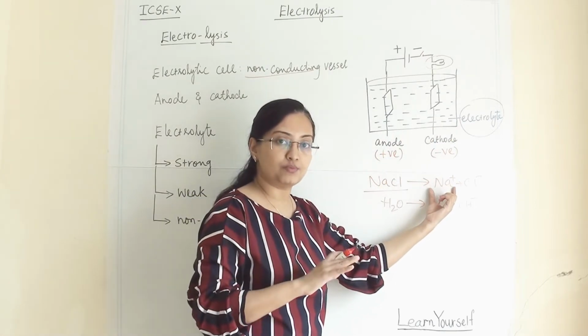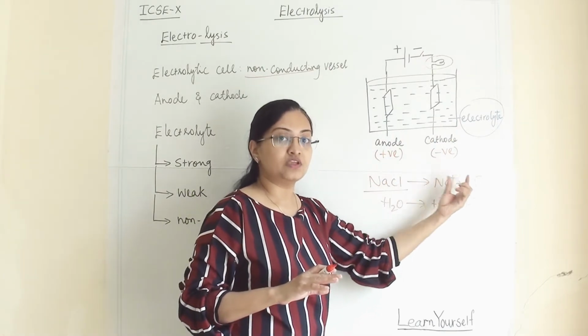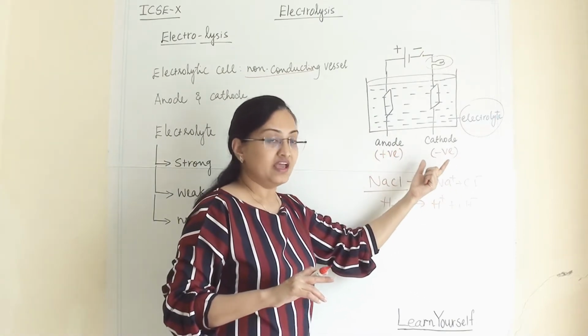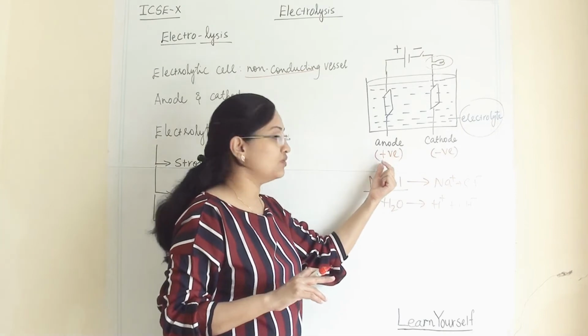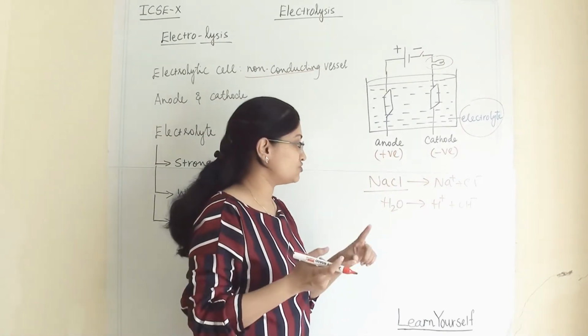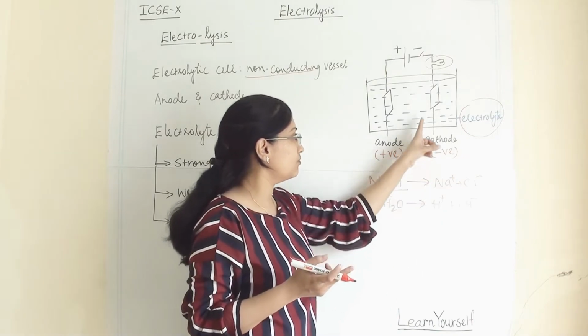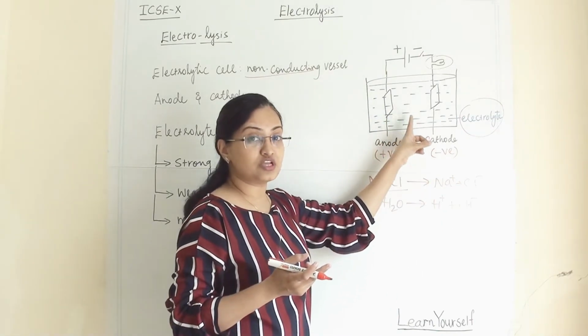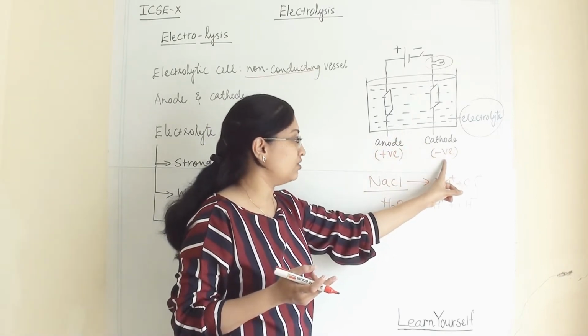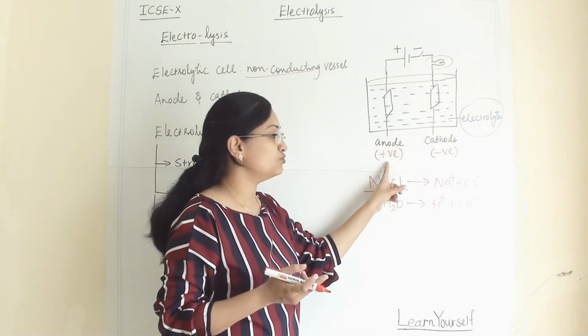Some ions will be positive, some ions will be negative. The positive ions will move towards the negative electrode and the negative ions will move towards the positive electrode, because opposites attract. So all the positive ions we get after dissociation will move towards the cathode and the negative ions will move towards the anode.